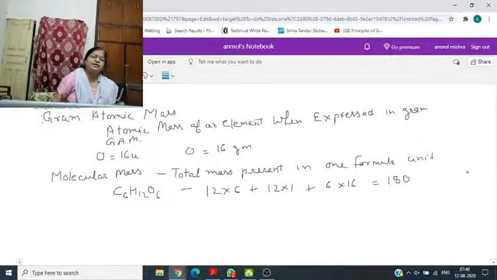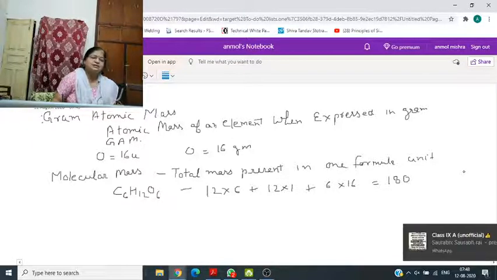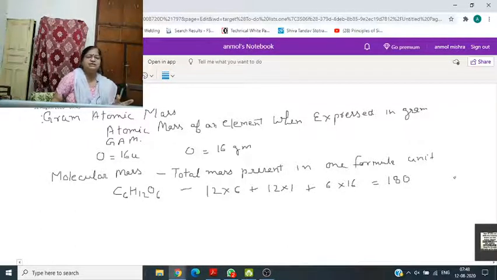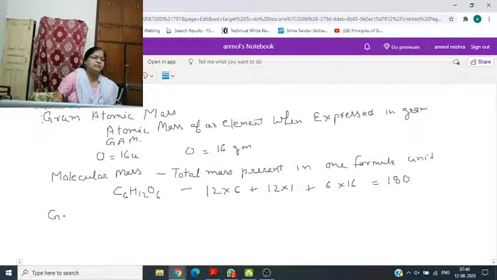Now you can write the unit as u, and if it is gram molecular mass, then grams. The value will remain the same. So this is molecular mass, and second, gram molecular mass.